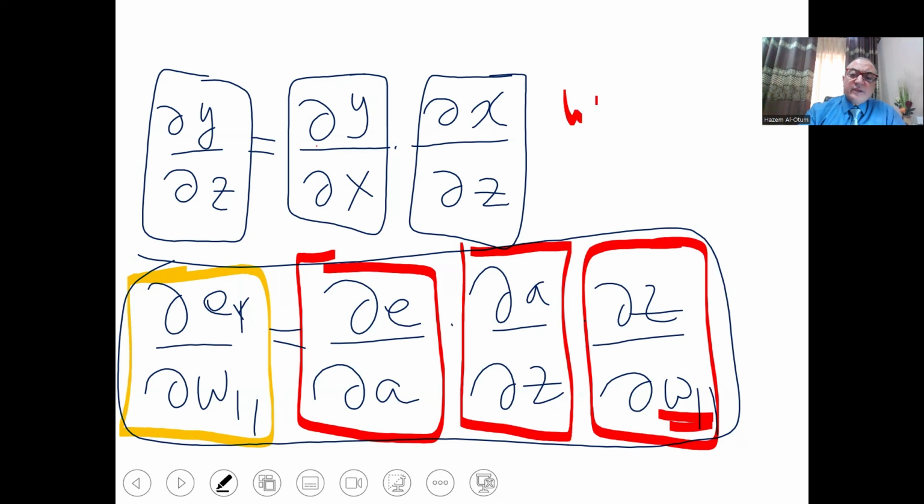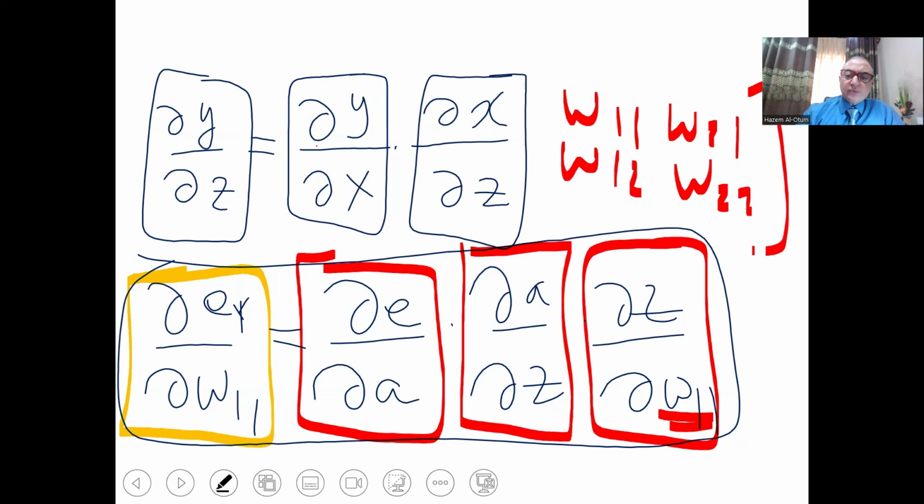What about other values? We have W11, W12, W21, and W22. This will give us a sort of matrix or vectorized form in order to find the total error with respect to all these parameters. This is just for two branches or two nodes.